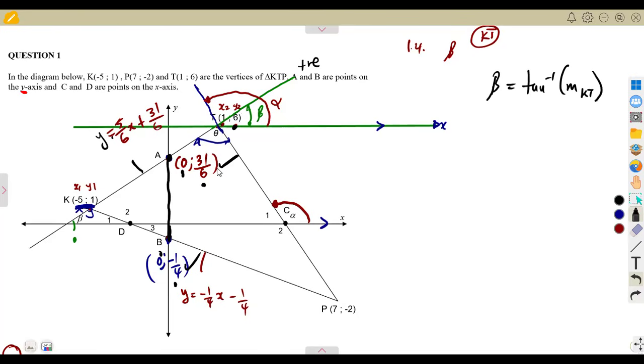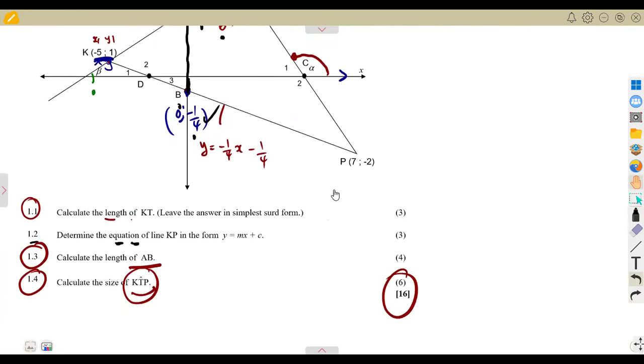So beta, this angle of inclination, is an acute angle, from a line that has a positive gradient. How are we sure of that? We talked about this in the introduction. A line of this nature has a positive gradient, but do not worry about that. If you do not want to know much, just calculate the gradient of KT.